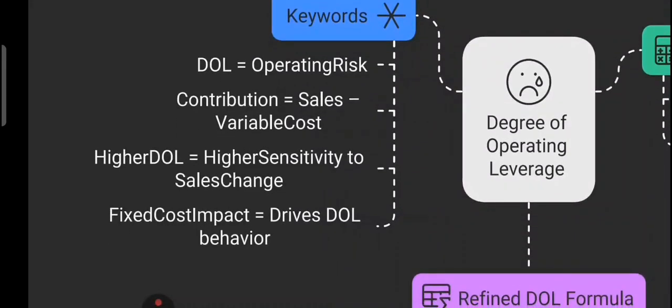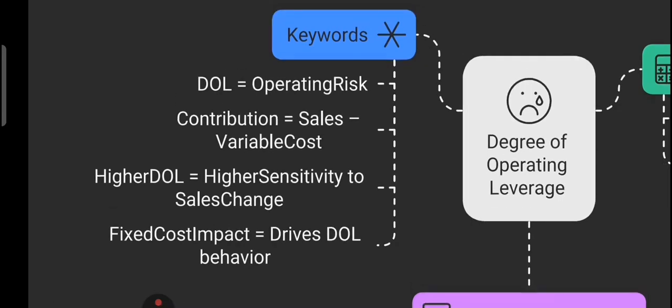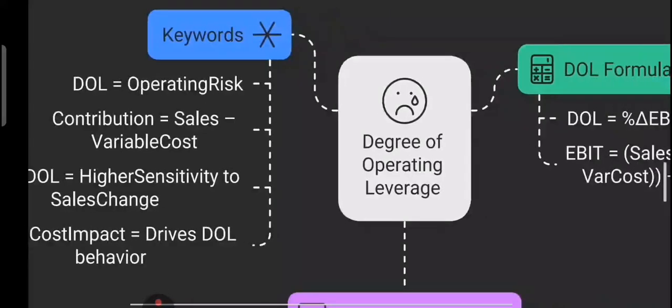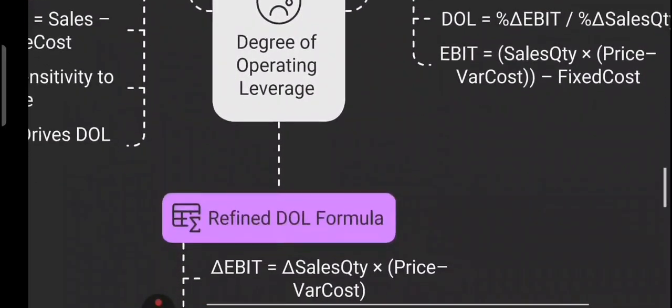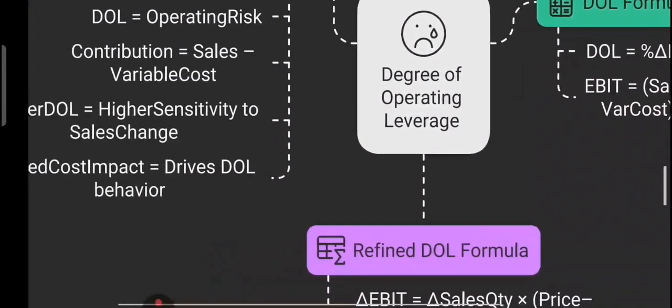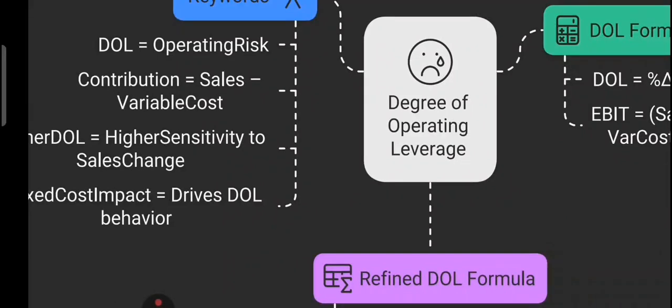They stay the same even if your sales do not, right? Obviously fixed cost does not get impacted by the sales. Whatever your sales is, fixed cost will remain the same. So you should know how to calculate the contribution, because to calculate DOL you will need to have the contribution concept clear, right?